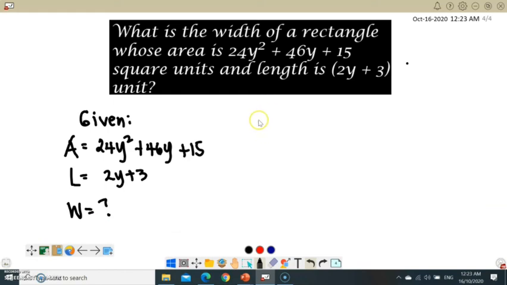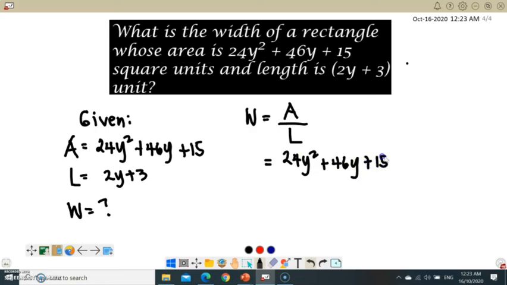To find the width, we use the formula W is equal to area over length. So substitute the values. 24y square plus 46y plus 15 over the value of the length. We have 2y plus 3.